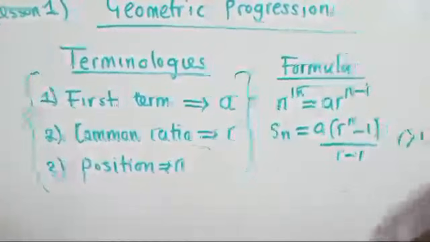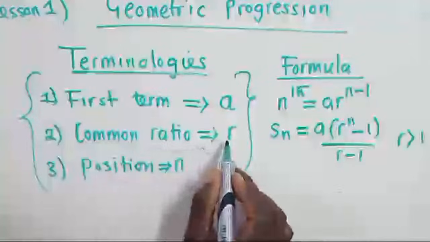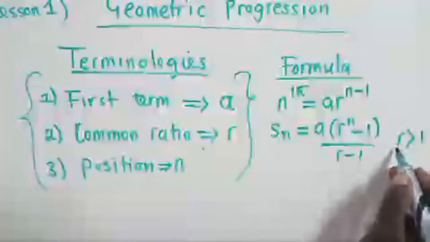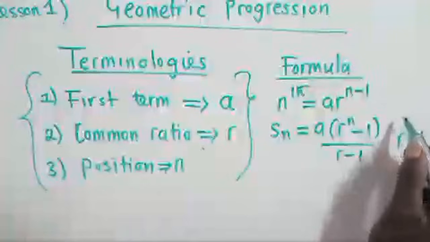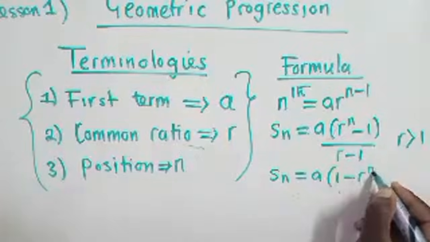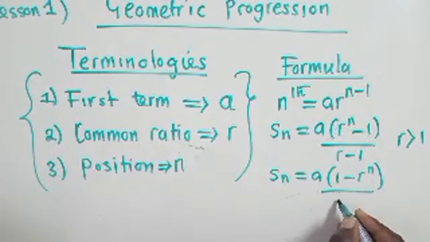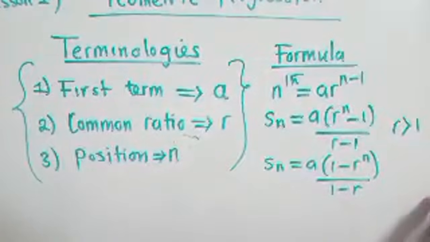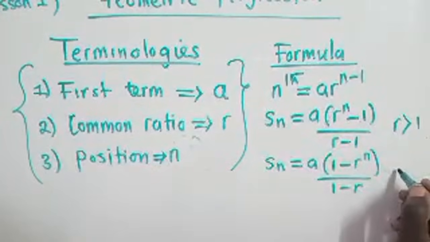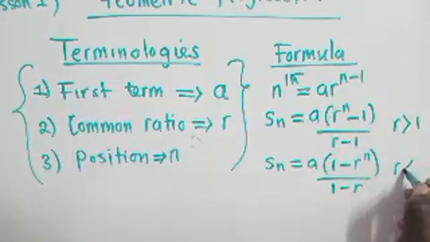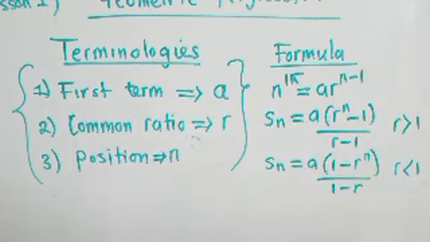So when you find what we call common ratio, which is the R, you find that it's greater than 1. Another formula for finding sum, it's right here. It's almost the same, but you just switch the position of R. Like that, okay? So now this one, we use it when our R is less than 1, okay?